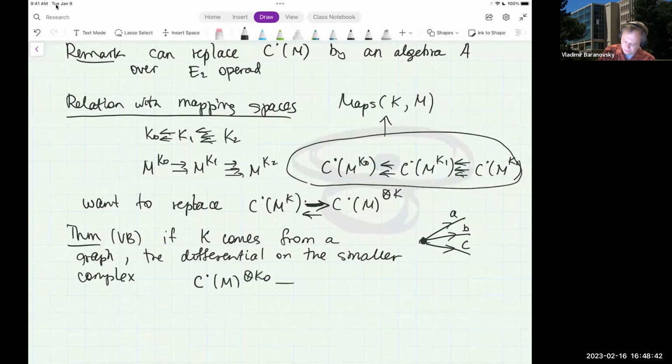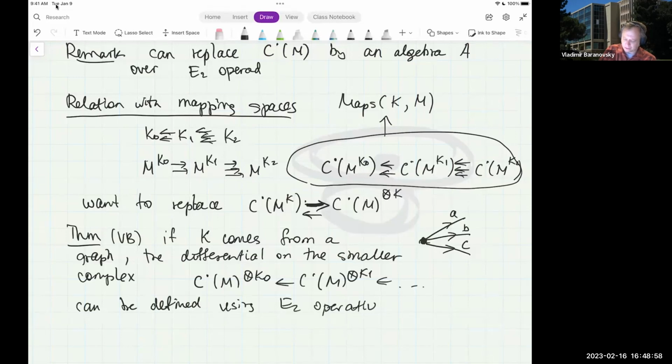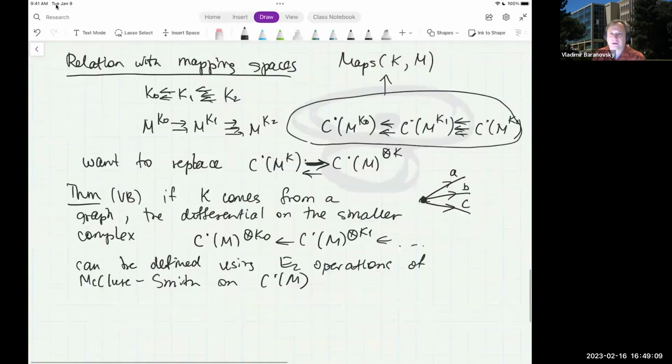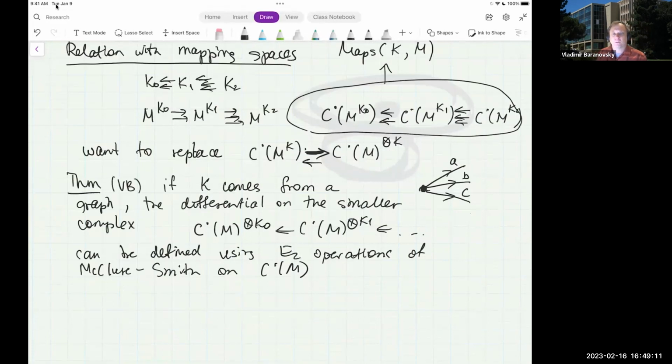So there will be a differential C dot M tensor K1 and so on. Can be defined using E2 operations of Maclaurin-Smith on C dot M. And the operations are defined in pretty much the same way.